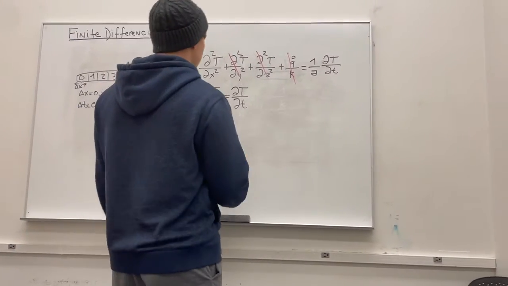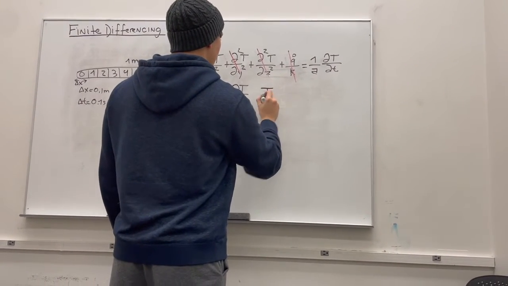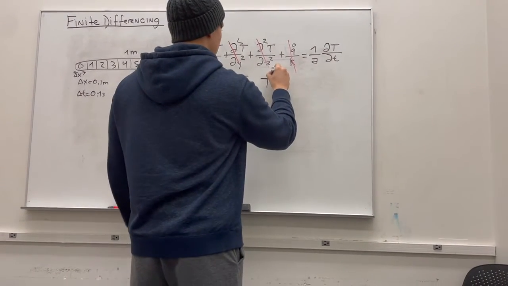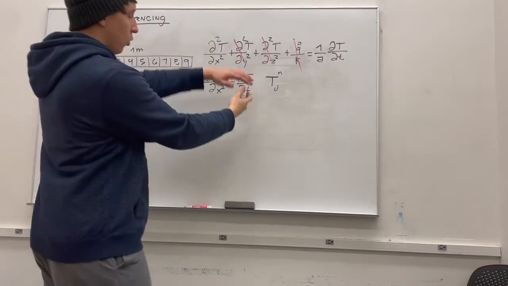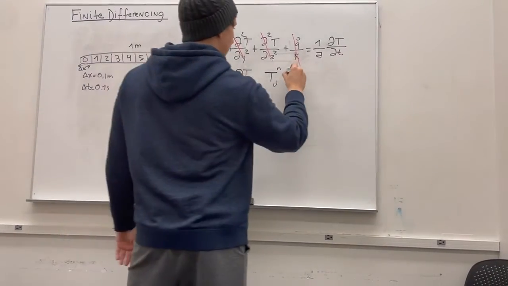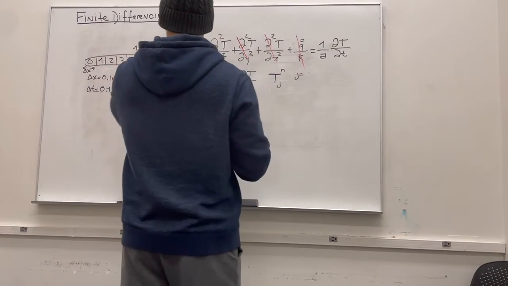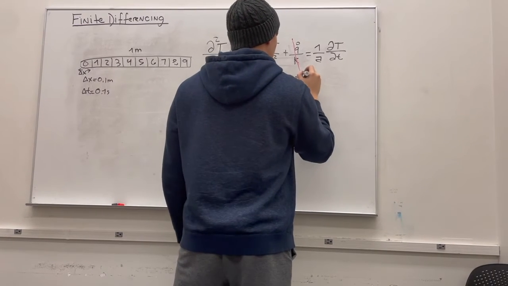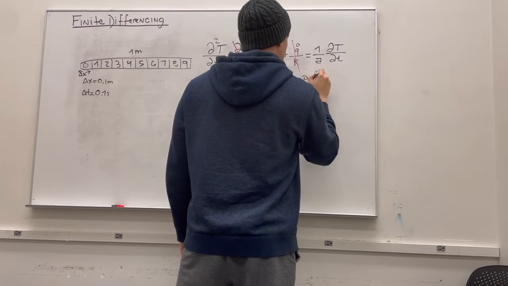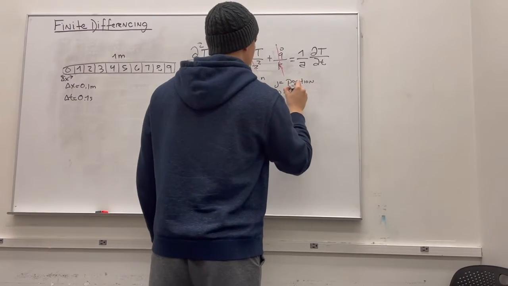Well, what we can do is say the temperature T^n, and it's going to have a subscript of j. So what does this mean? That j term is some position in this object, or any object, honestly. That's position, and n is some time.